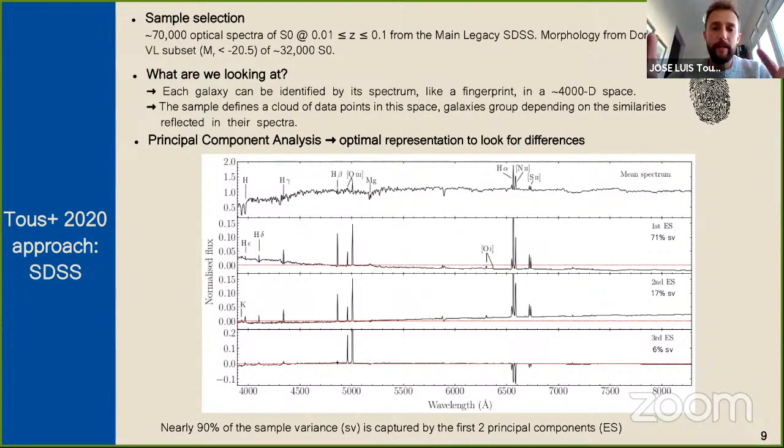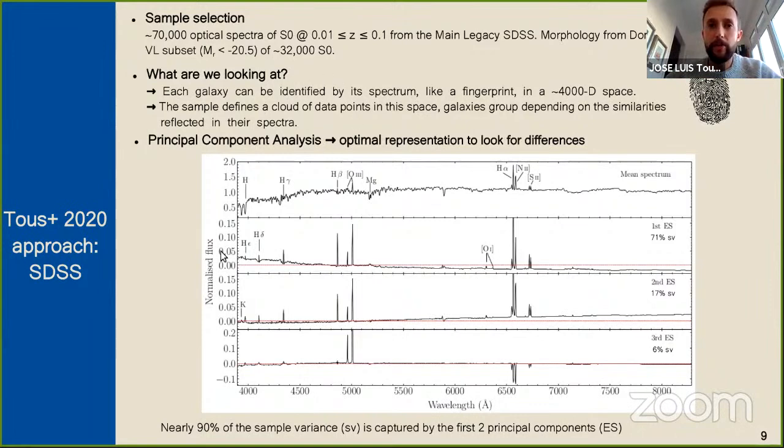However, it's better to look for those differences by choosing an optimal representation for this purpose. And this is what we do with a principal component analysis. This sort of analysis gives you some new axes, sorted according to the explained sample variance.